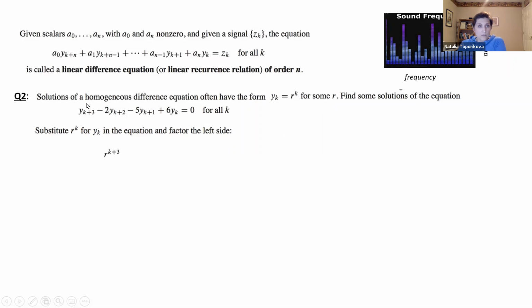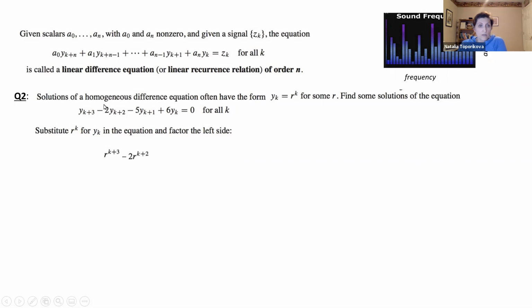We substitute, instead of y_{k+3}, our parameter r to the power k plus 3. Because our index becomes the power, all we do is transfer our index up to the power.